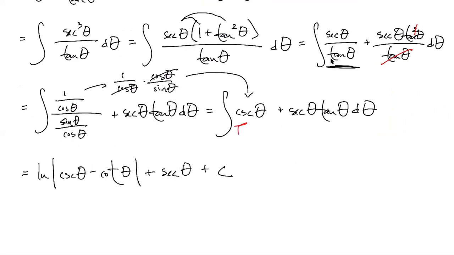So this one we used a table to find, but this one we just used our knowledge that if we take the derivative of secant x, we get secant tangent. And so if we have secant tangent and we take the integral, we end up with secant.